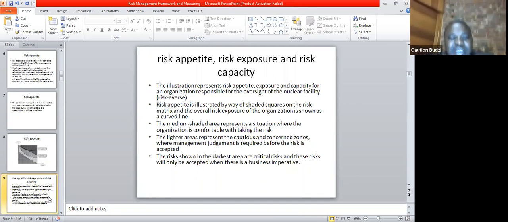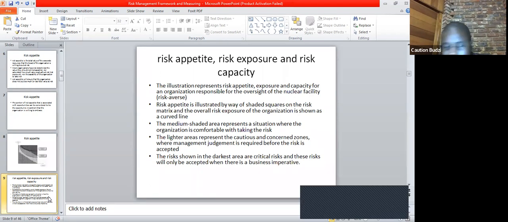They usually want to take risks which have a low impact. Or maybe they will put in regulations and guidelines, which to a large extent try to minimize or mitigate the amount of risk these nuclear power plants are exposed to. So they are risk averse in nature.